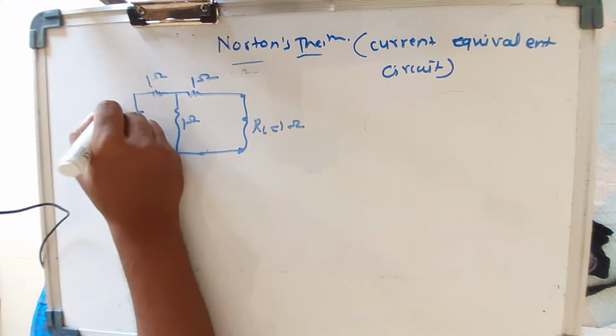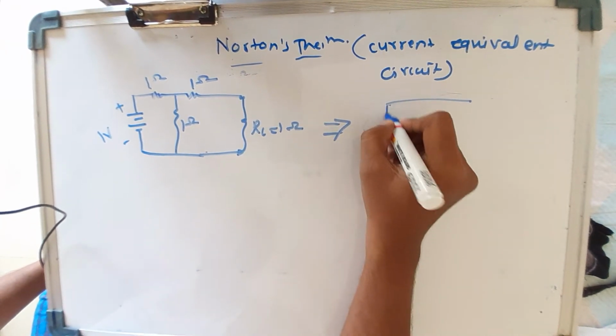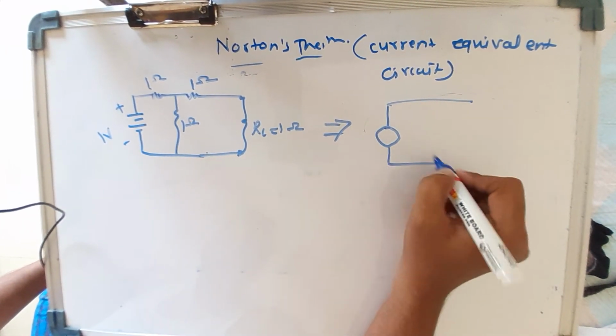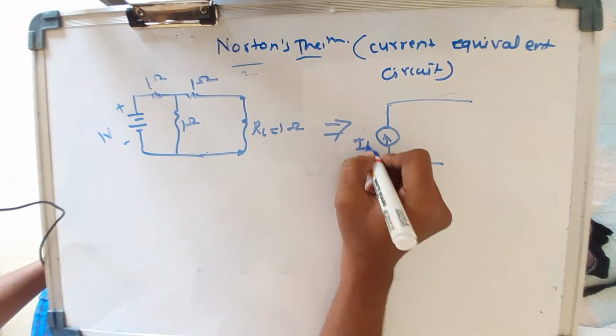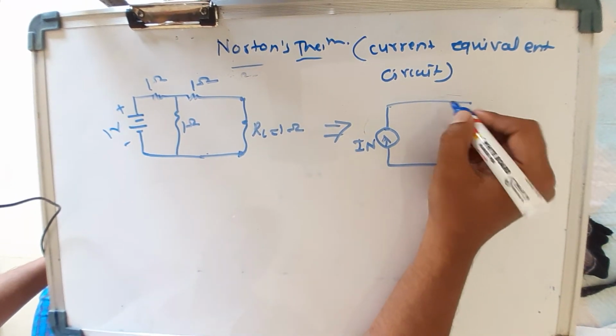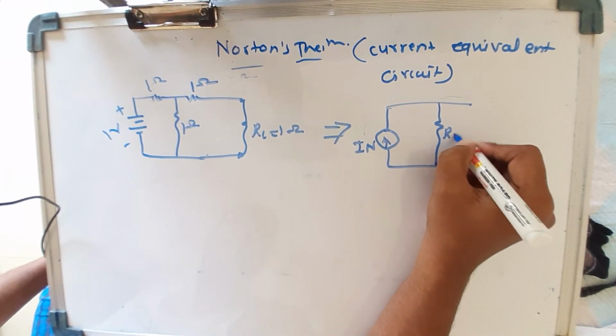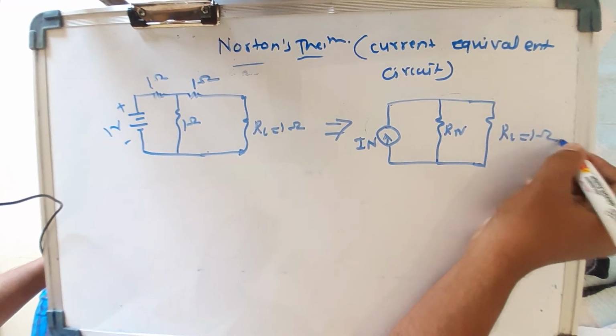Here we have 1 volt, so we have to convert this into the current source equivalent circuit. So just take it as plus minus, here I_N, here 1 volt. Similarly R_N, R_L, 1 ohm.